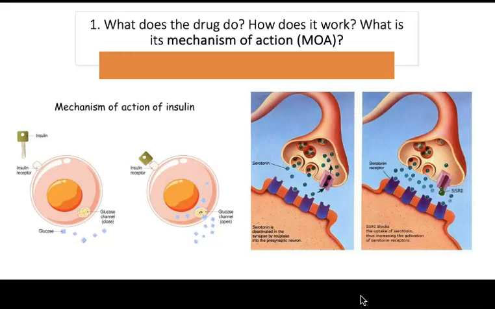The cell is going to need a constant supply of glucose to work. So insulin is the door or the key to the receptor site that allows glucose to go inside the cell for energy.